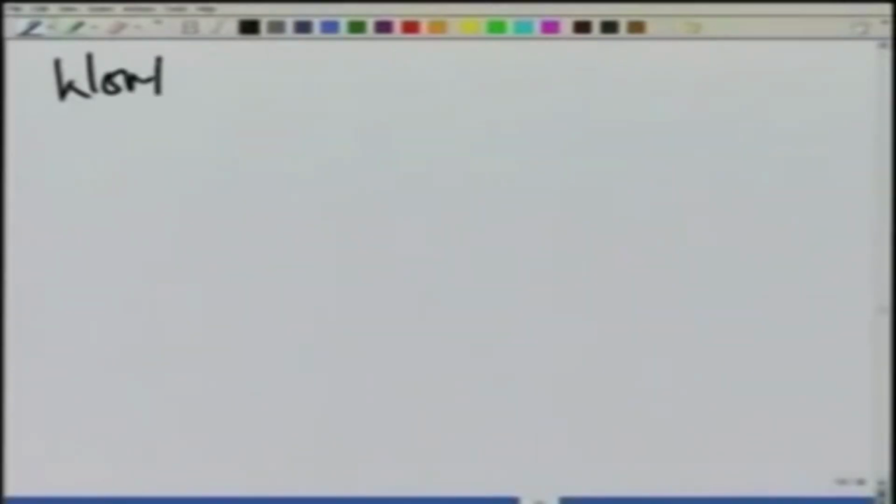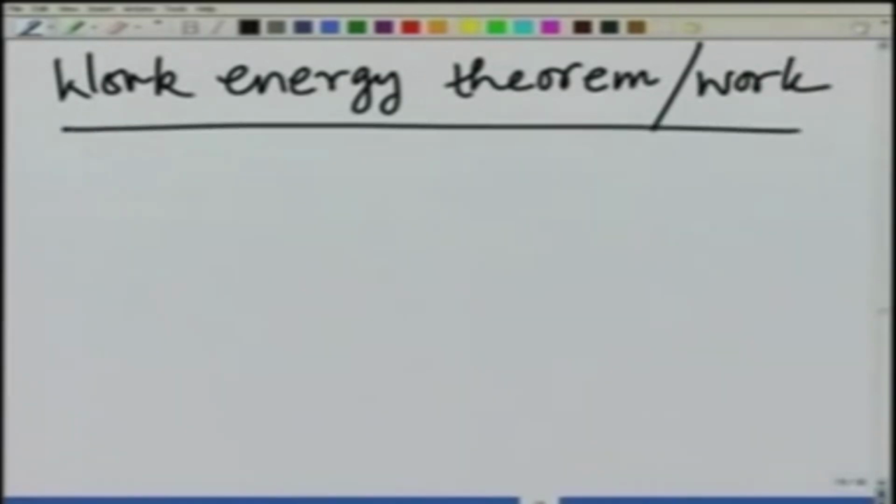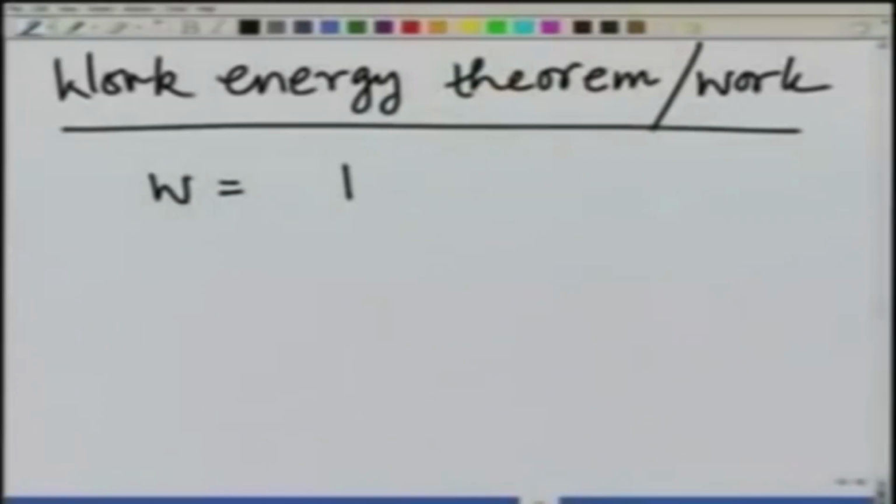What about the work energy theorem? Or work done itself? Again we will use the basic definition that work done is nothing but summation F on the ith particle, times the distance moved by it in the direction of the force, dr_i, summed over.